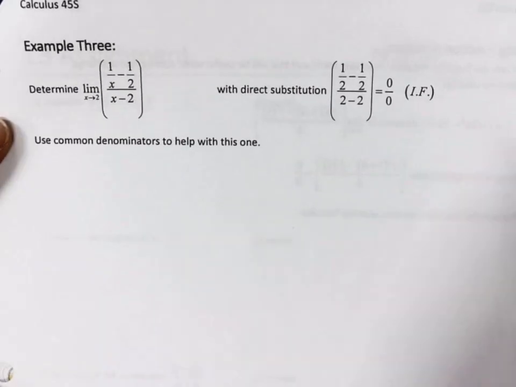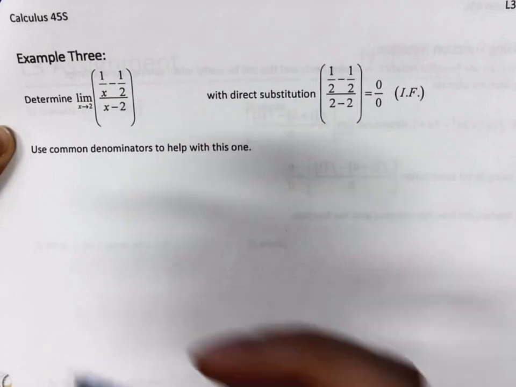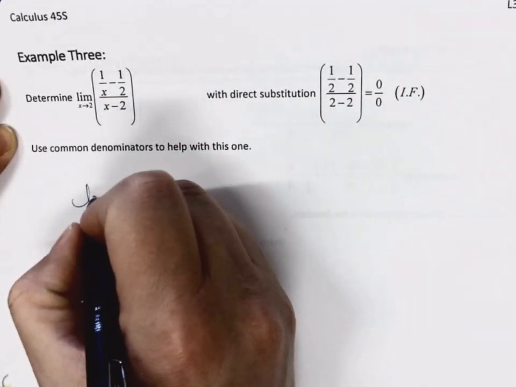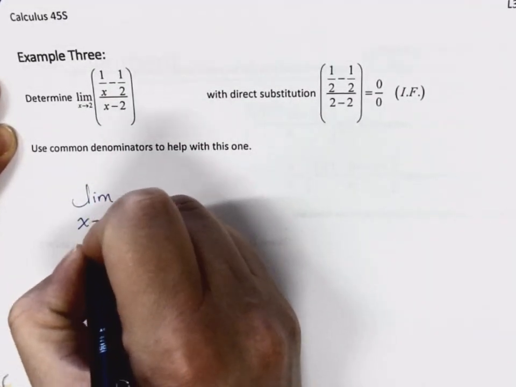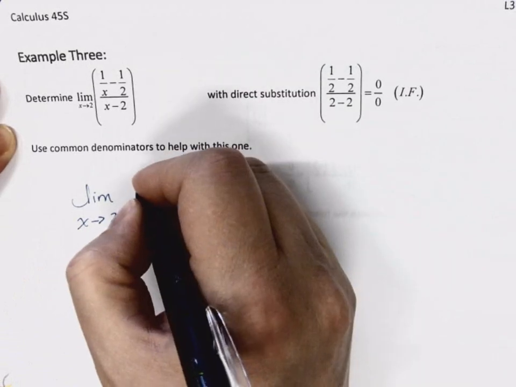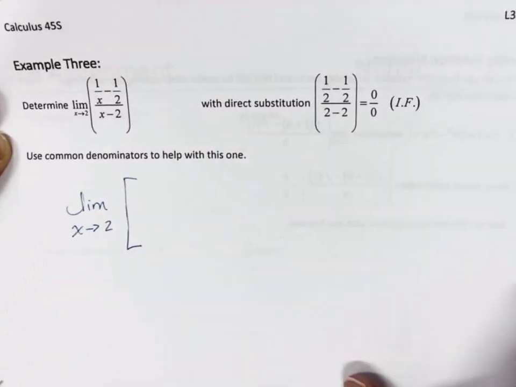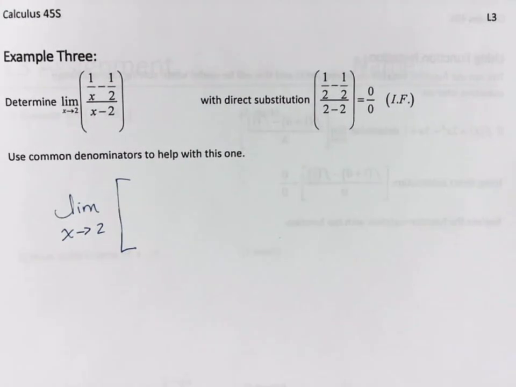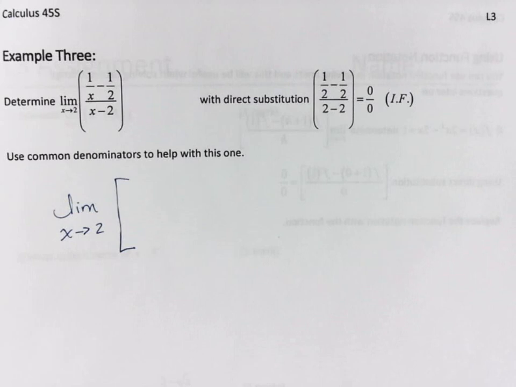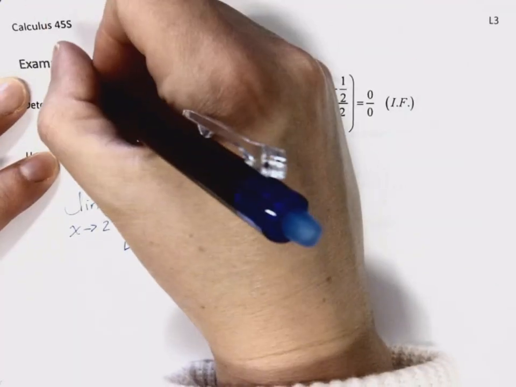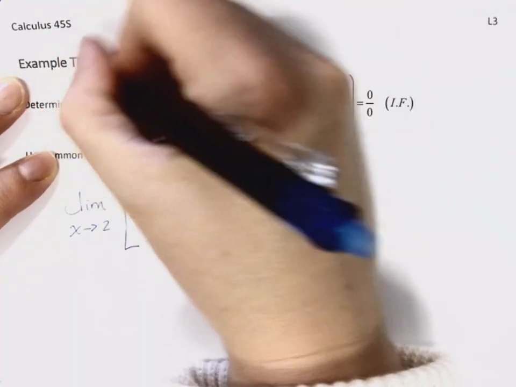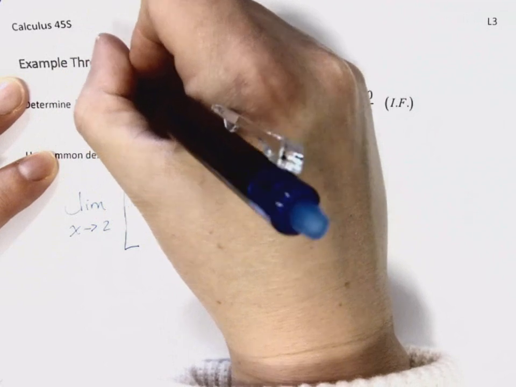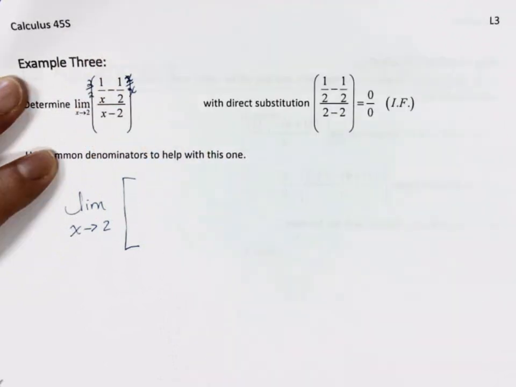How are common denominators going to help us? Common denominators are going to help us a lot with this one. So when I'm looking at the numerator there, what's the common denominator for that? 2x, right? So I'm going to multiply this by 2 over 2 and that by x over x.